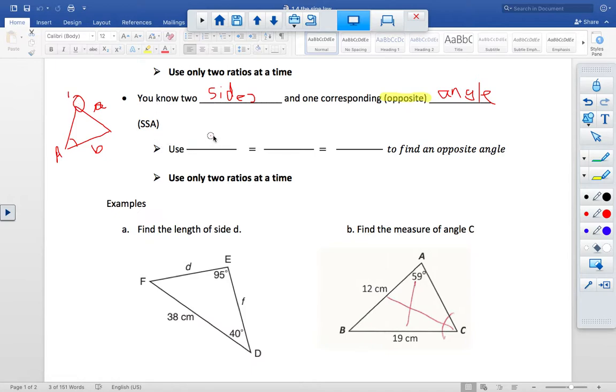So this is the formula that we use. It's similar to the other formula, but it's the reciprocal of it. So that means we have to use sine on the top. This is when you're solving for an angle.